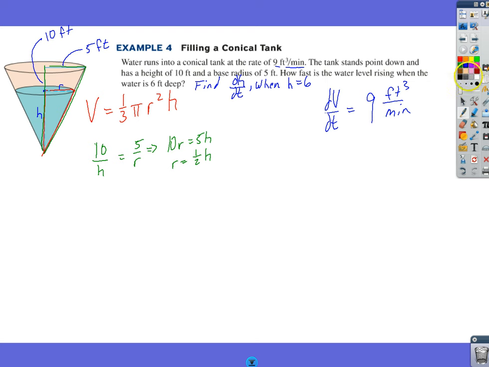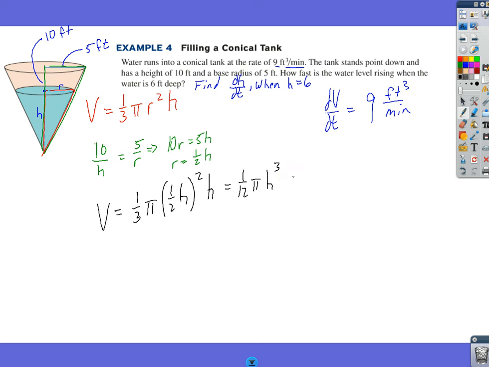My entirely new volume equation will be volume equals 1/3 pi times (1/2 h) squared times h. After I square the 1/2, the 1/3 would be 1/12 pi h cubed.